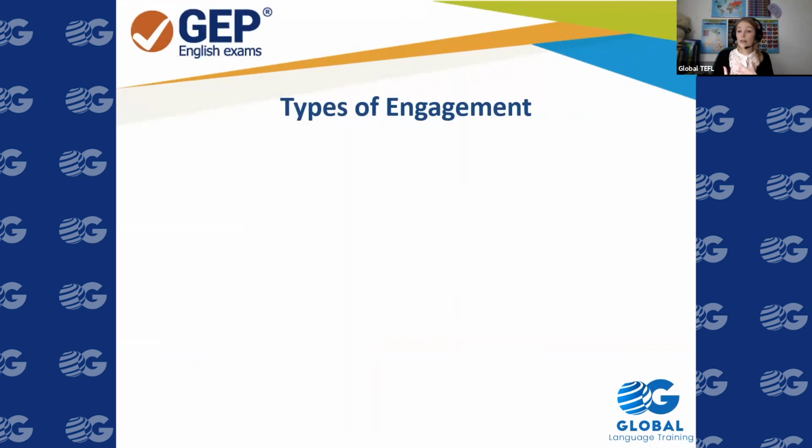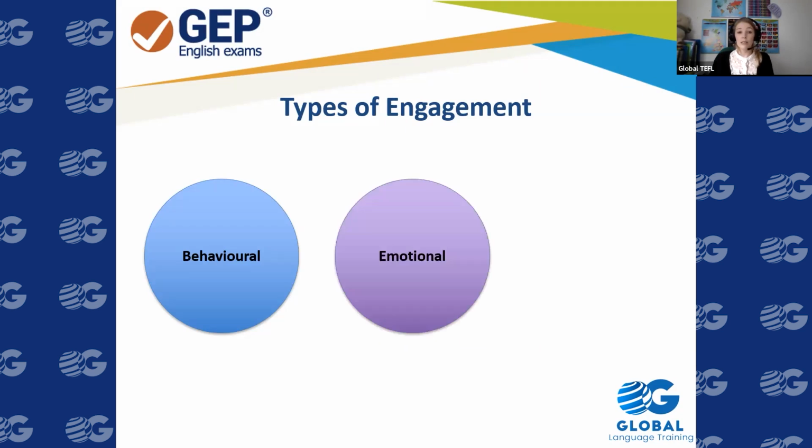When we're talking about the types of engagement that students can have, we're measuring or looking at it in three different areas. The first one is behavioral engagement. The second one is emotional, a student's emotional engagement.